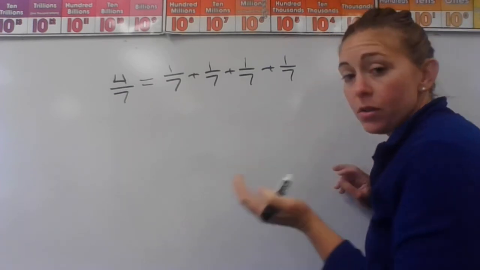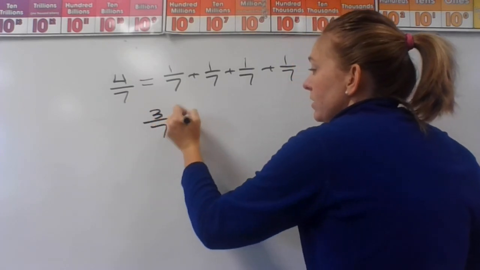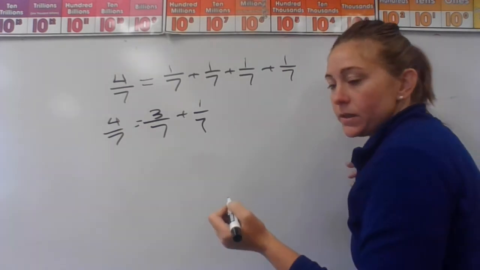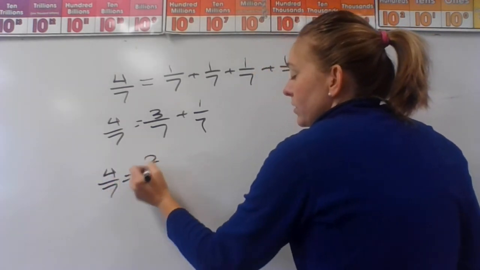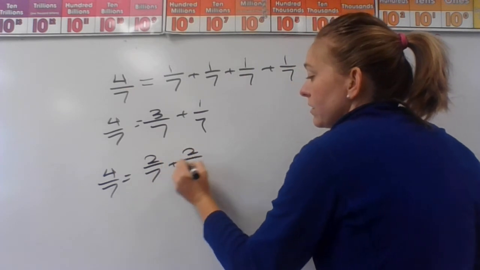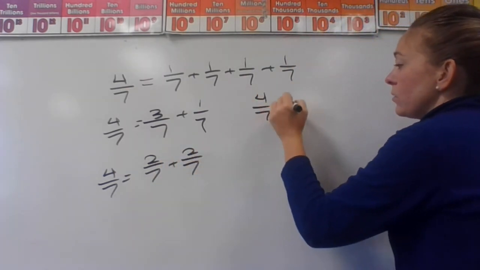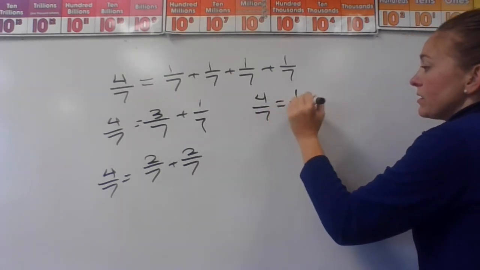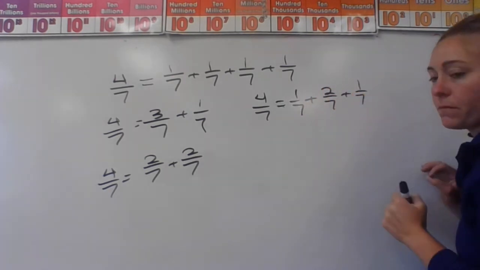All right, so other ways would be 3/7 plus 1/7 equals 4/7. 4/7 equals 2/7 plus 2/7. Maybe you came up with 4/7 equals 1/7 plus 2/7 plus 1/7.